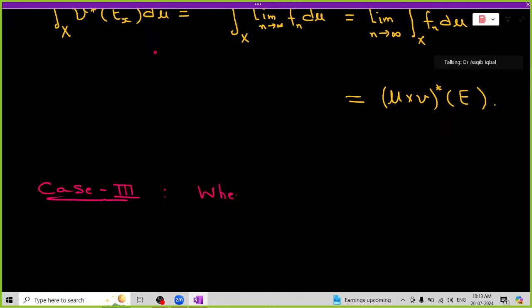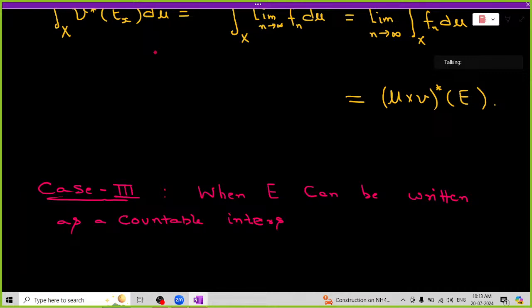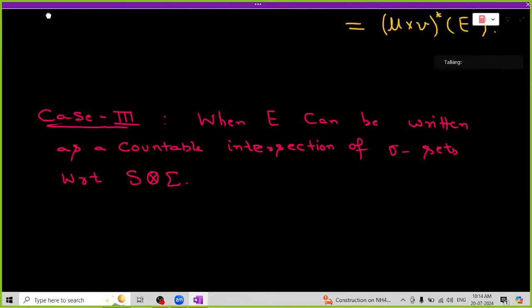Case 3 is when this E can be written as a countable intersection of sigma sets with respect to the product semiring S0 times sigma. ठीक है?